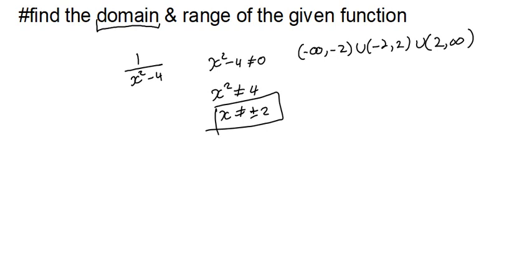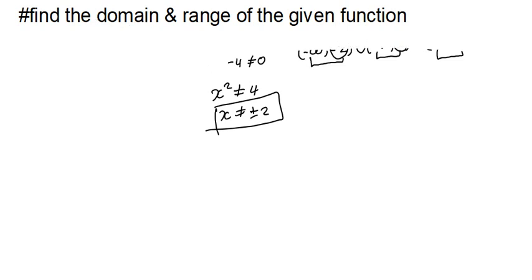The set of values between negative 2 and positive 2 makes the function valid, the set from negative infinity to negative 2 makes it valid, and the set from positive 2 to positive infinity also makes it valid. But if I pick negative 2 or positive 2 itself, it's invalid because 2 and negative 2 are simply not part of the domain. So the domain gives us a set of values that makes the function you're given valid.